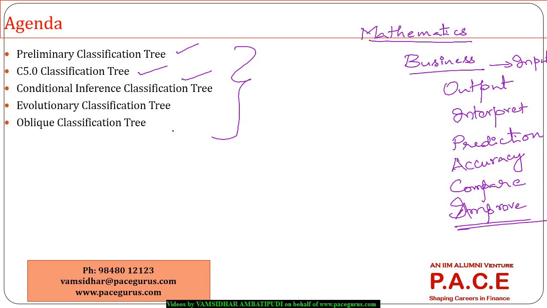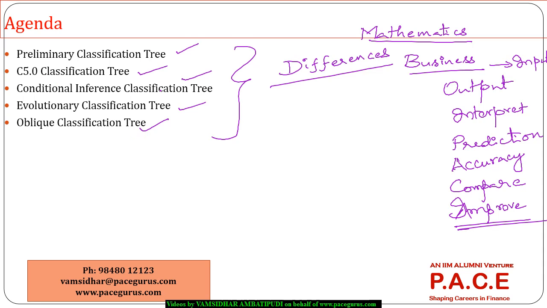So we'll also talk about the conditional inference classification tree. We can very well discuss what are the key differences that are there in between each of these approaches while they are doing the classification of the data. We will also bring in the evolutionary classification tree and probably something that is different from the rest, which is the oblique classification tree.